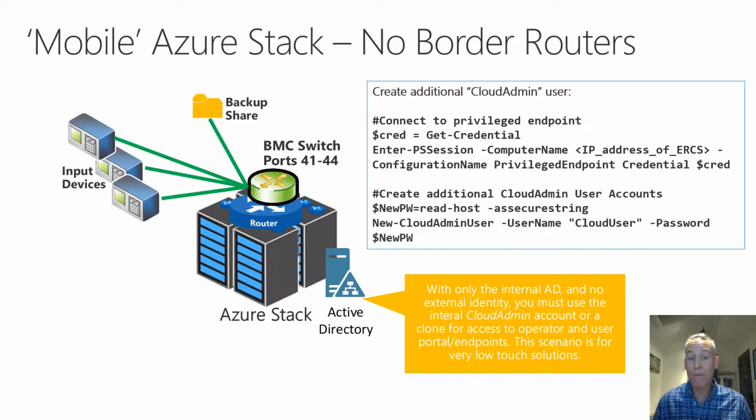In the case where you're deploying this, you would answer the Azure Stack questions for pre-deployment as if it was going to connect up to an ADFS, because you can pre-stage that connection without the external ADFS being there. So this Azure Stack would be set up as if it were going to use ADFS, but the ADFS never showed up. So you're going to have to use those internal accounts. So this is just an oddball, very extreme example of a disconnected Azure Stack.